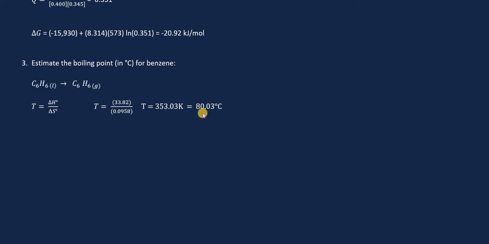And when you do that, you should get 80.03 degrees Celsius, which is the estimated boiling point for benzene, which is extremely close to the actual boiling point for benzene. So that's just another thing you can do with Gibbs free energy. And with that, that's about it for Gibbs free energy and for the semester.